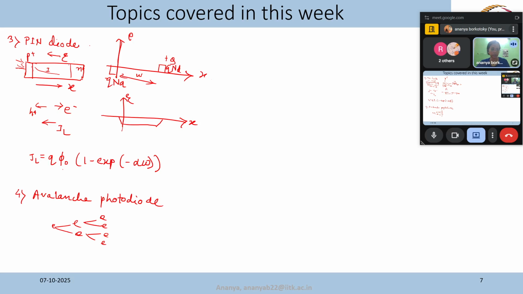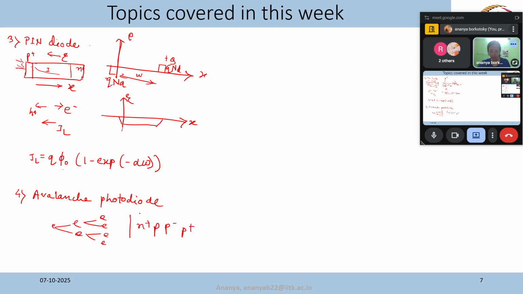We have a multiplication factor M. For each photon, instead of one electron and hole pair, we will have M electron and hole pairs. This happens with a device structure like this: n plus, p, p minus, p plus.